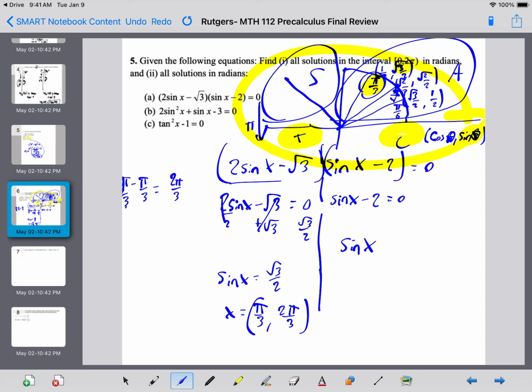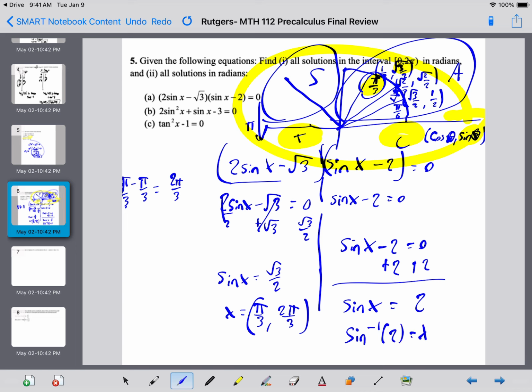Now I have sine of x minus 2 equals 0. I can add 2 to both sides. Sine of x equals 2. If I wanted to try to solve this, I could take the inverse. This isn't a calculator question, though, but I'm going to check it out in the calculator. So sine inverse of 2 does not exist.